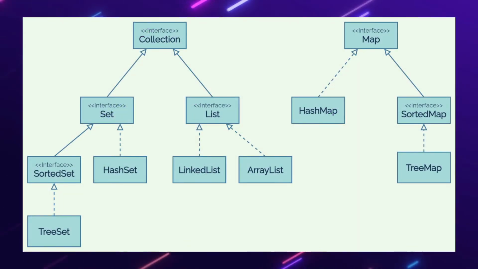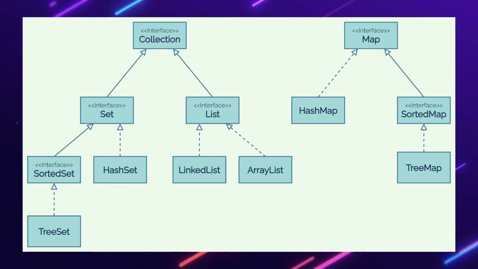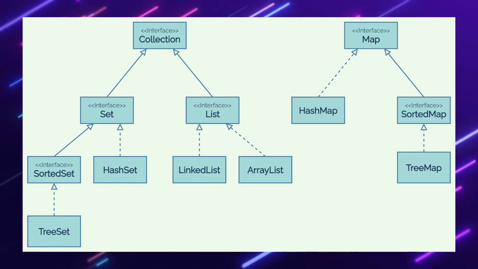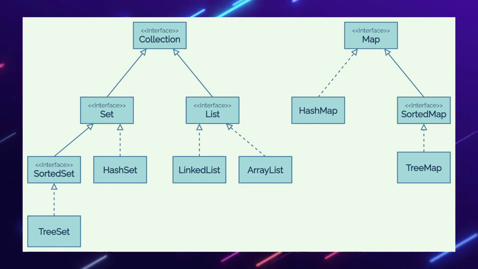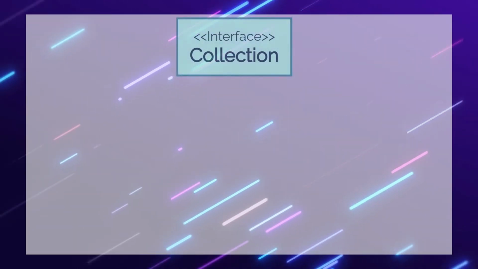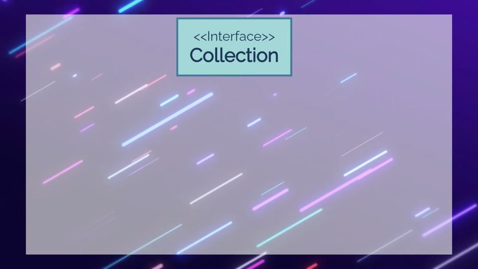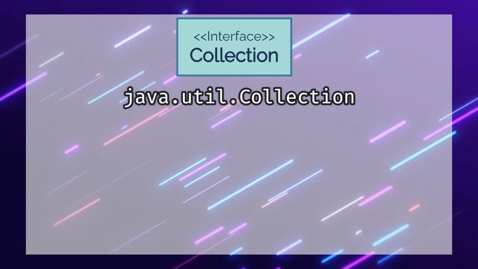This diagram is a simplified overview of the collections framework. It shows the interfaces and classes that implement the interfaces. The primary interface of the collections framework is the collection interface, denoted by java.util.Collection.